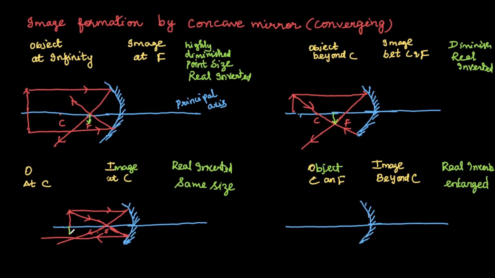The point of intersection is where the image is formed. So the image is formed at C.